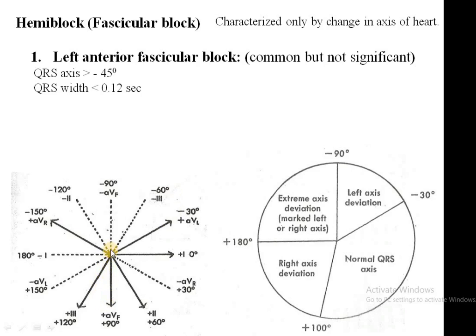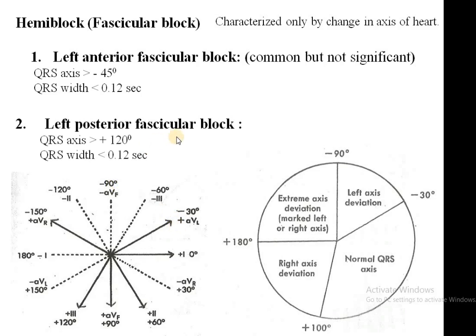In aVF you will see the negative deflection more as compared to the positive, and aVR again typically negative. So in lead 1 and aVL you will see dominant R waves, and in lead 3 and aVF you will see a dominant S wave as compared to the R wave. So it will be left axis deviation.